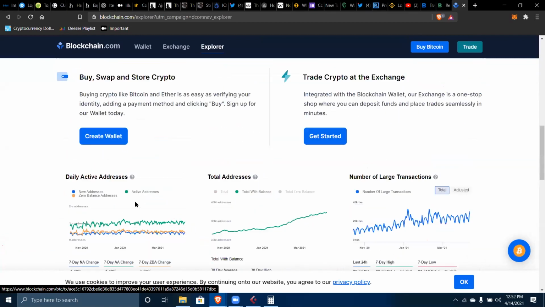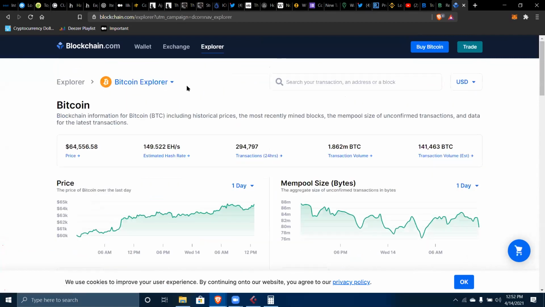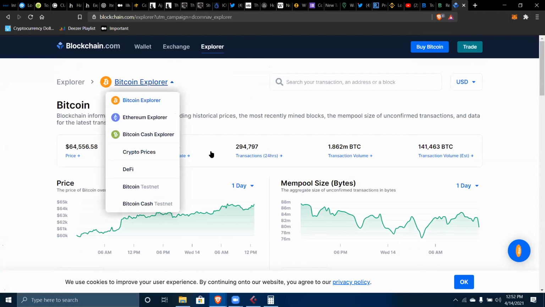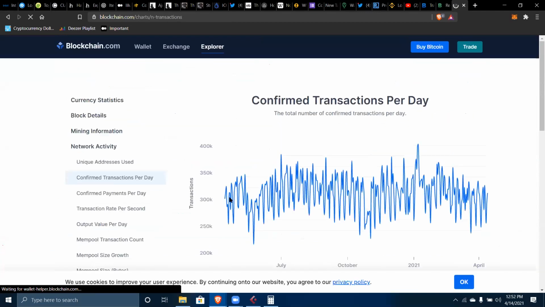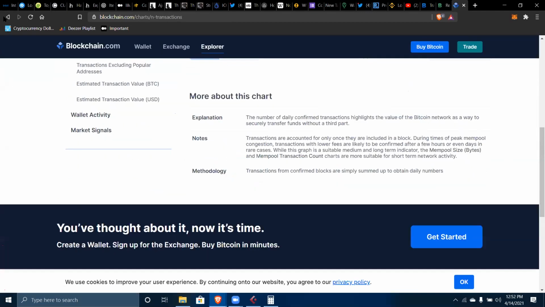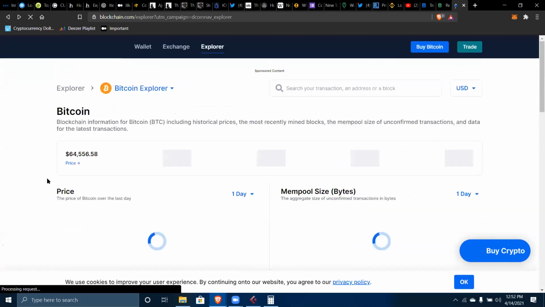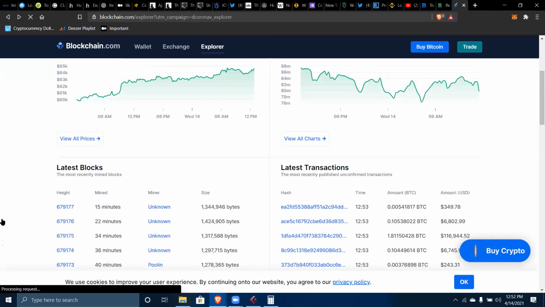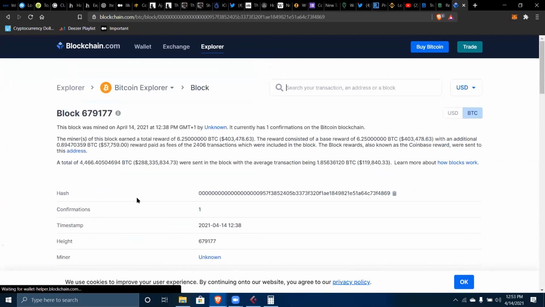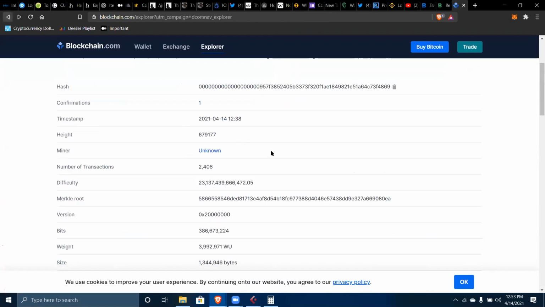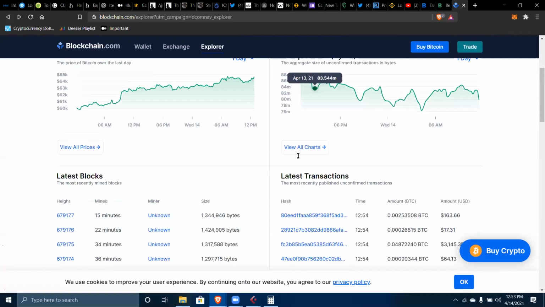Let me check the recent transactions. Bitcoin Explorer. So this is the latest block height. Yeah, this is a transaction. I just found what I was looking for. Sorry. So these are the latest transactions.